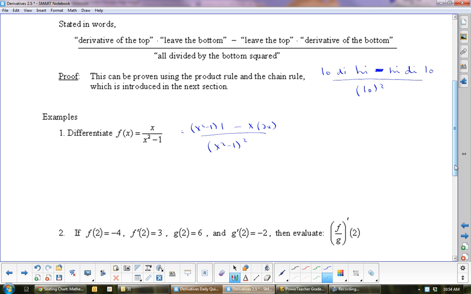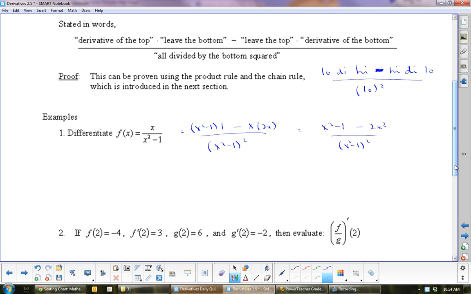Okay, so we can simplify this a bit. It would be x squared minus 1 minus 2x squared, all over x squared minus 1.